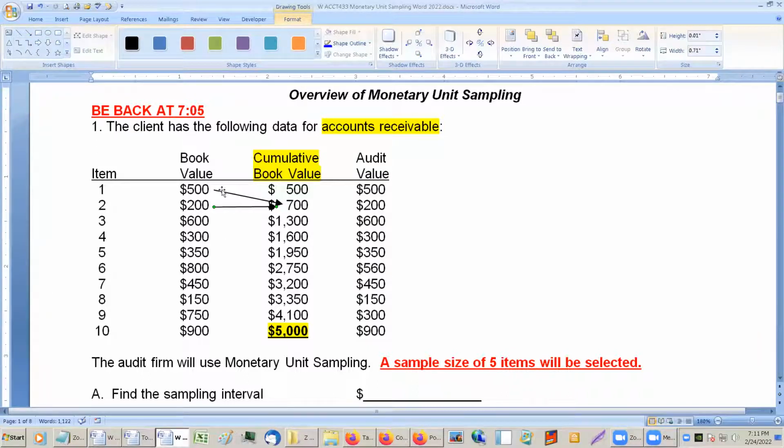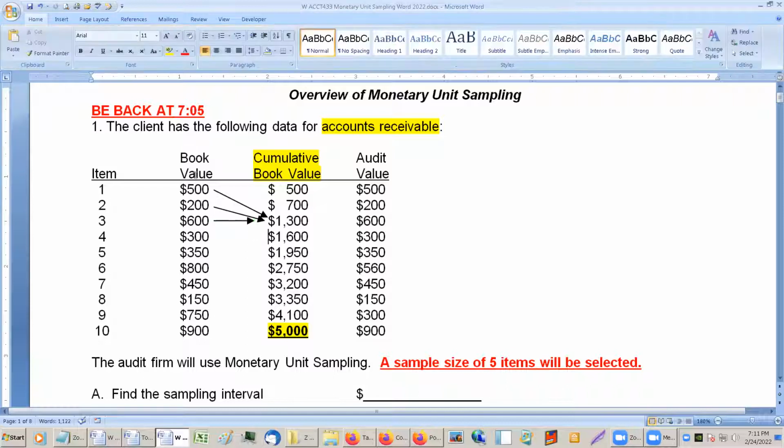So item 1 plus item 2 is 700. And as you go down the list, item 1, 2, and 3 is the 13. So this just keeps adding them up until you get all the way down here, and 4,100 plus the 900 will come out to that. So it just keeps adding on to it.